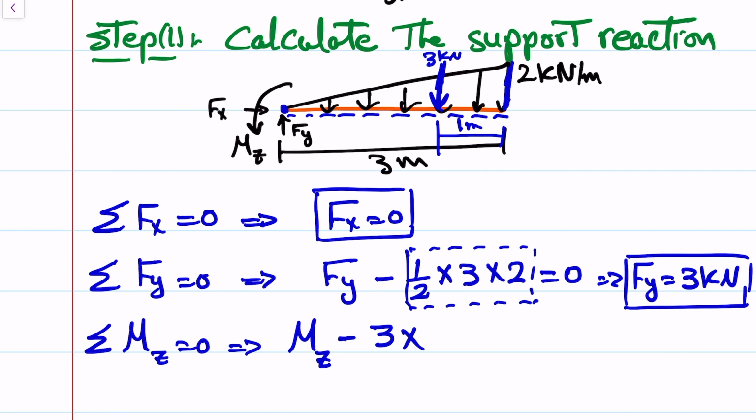Okay, then it is 3 times this distance, it is 2. Okay, this should be equal to 0, and that means Mz is equal to 6 kilonewton meter.